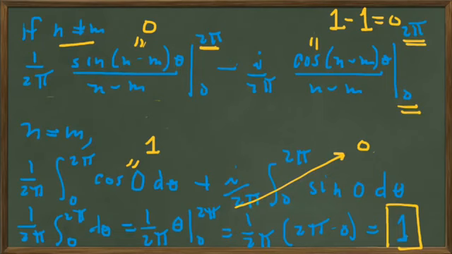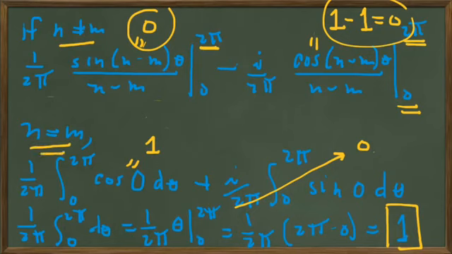If we look back to what we were trying to show, let's summarize this page. If n did not equal m, we got 0 here and 0 here, so we got 0. And in the case when n did equal m, we got 1 for this first integral, and we got 0 for the second integral.